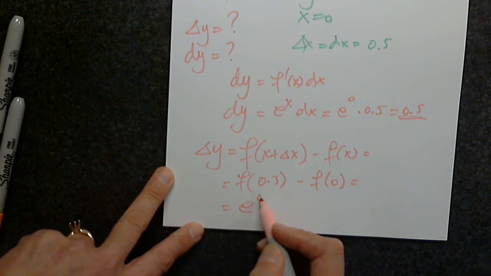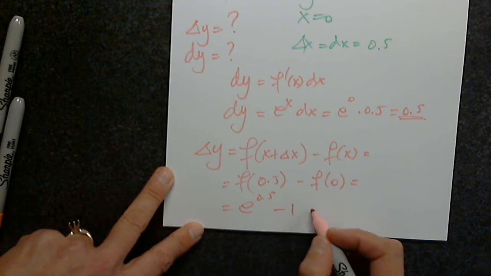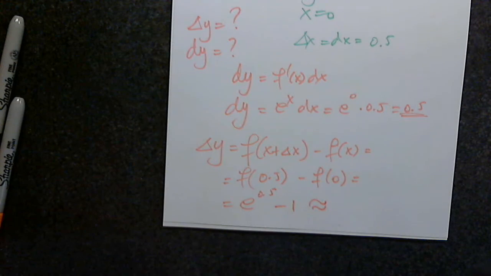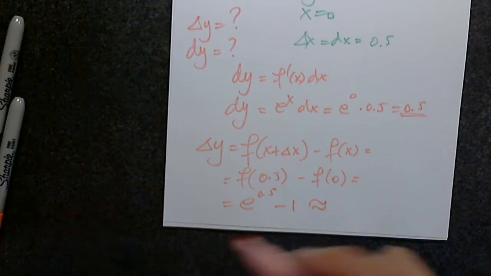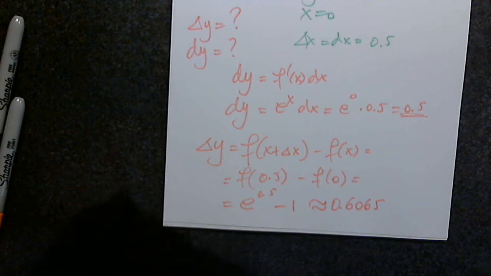So this is e to 0.5 minus e to 0, which is 1. And now I have to approximate that. And let's see what we get. e raised to 0.5 and minus 1. I got 0.6065.